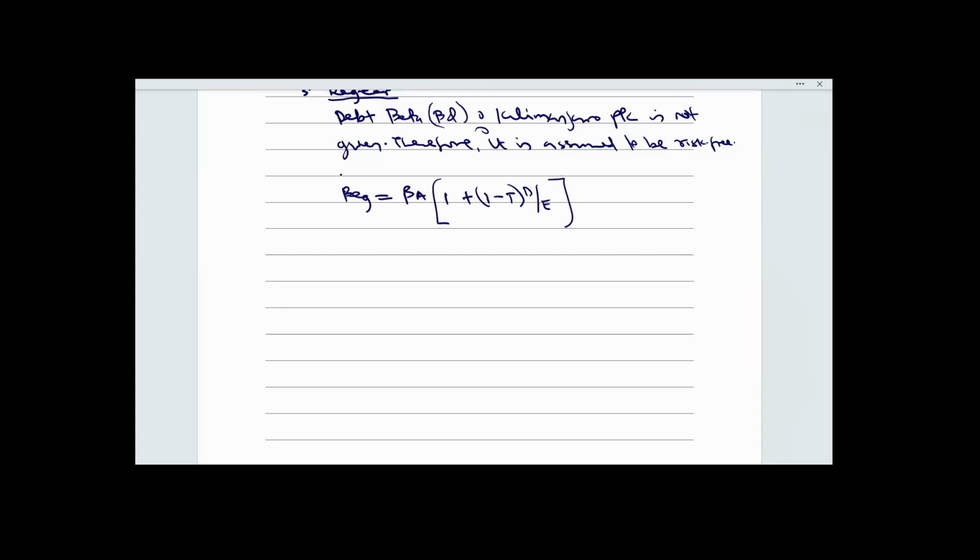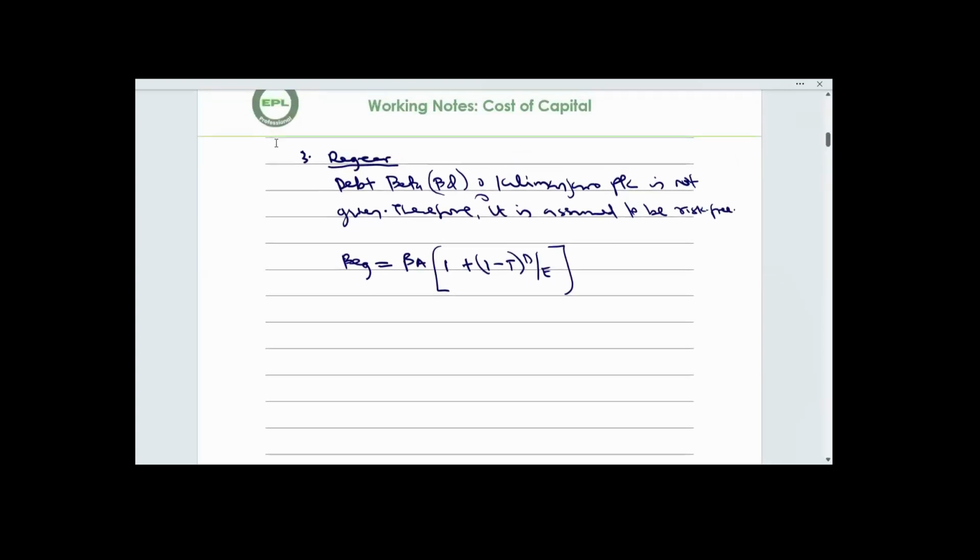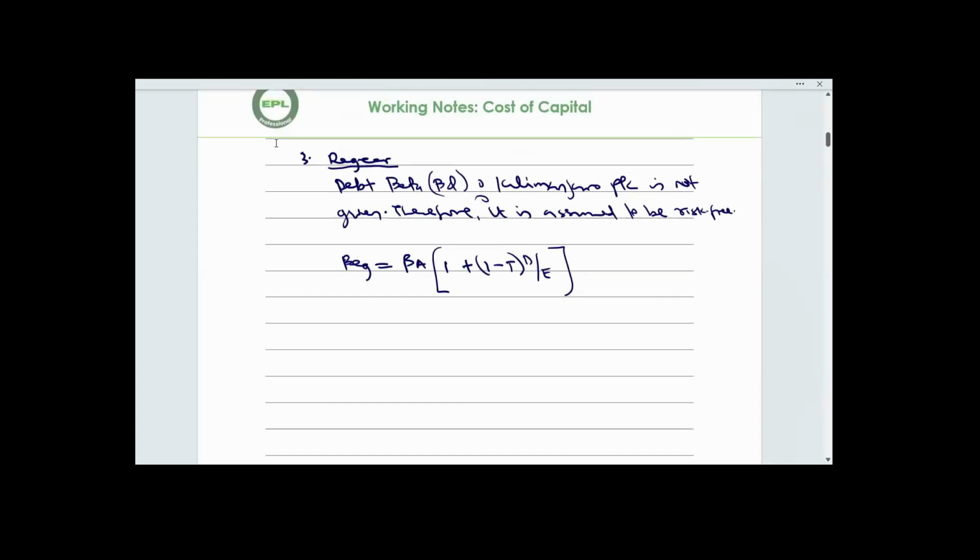You will recall last week I told you that step 1 and step 2, when you are calculating project specific work, you need the information of the proxy company. Information in form of equity value, debt value, debt beta, tax rates of the proxy company are what you need for step 1 and step 2. From step 3 to step 5, you need the information of the main company.